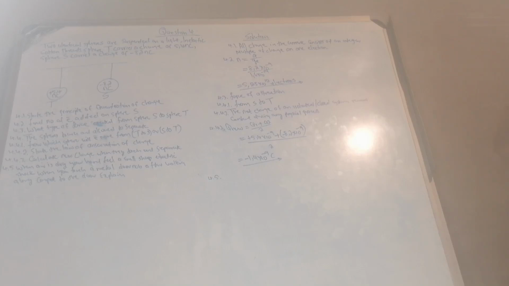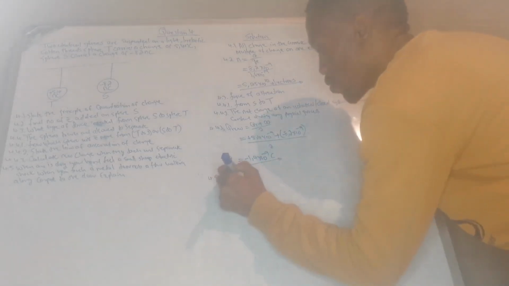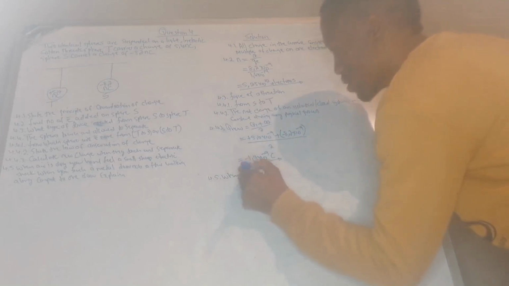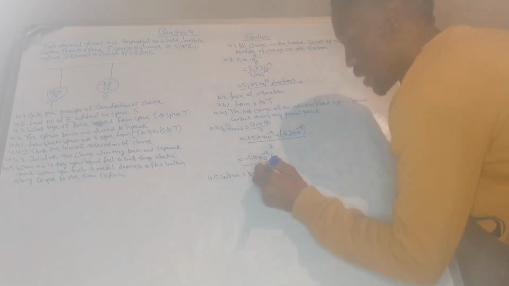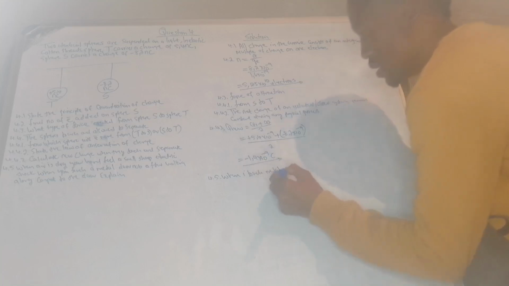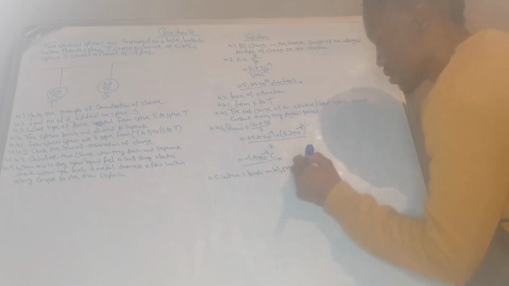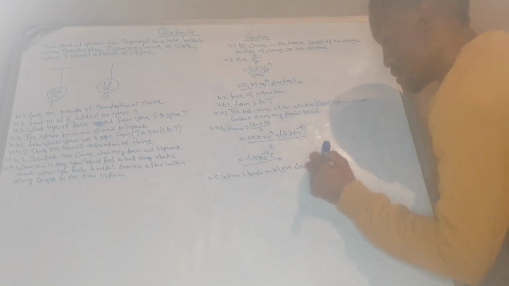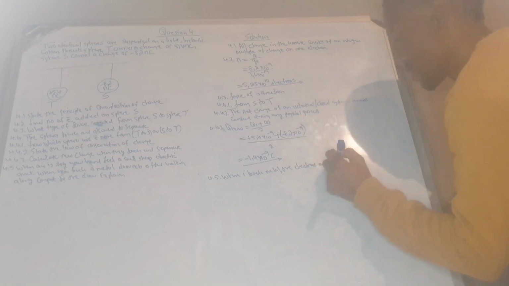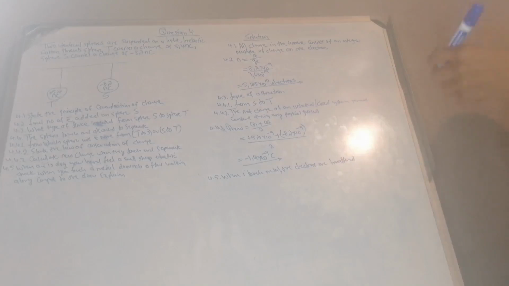Explain this phenomenon. When I touch a metal, the electrons are transferred. From where?